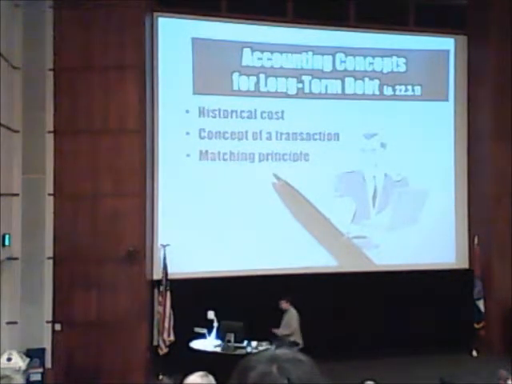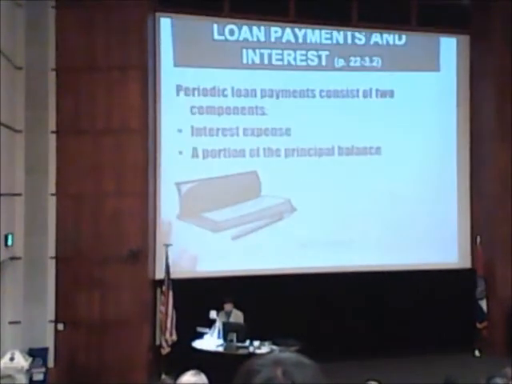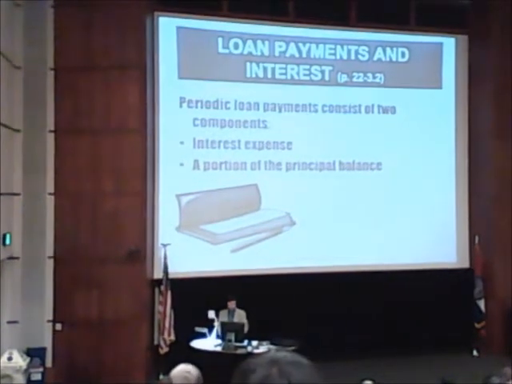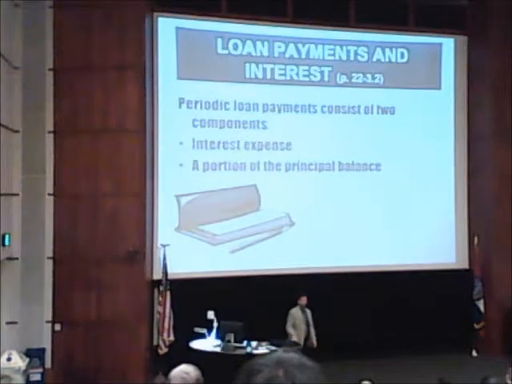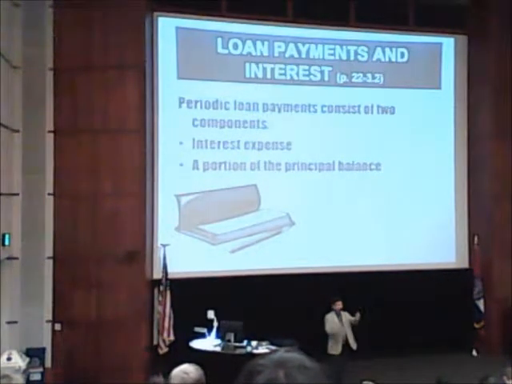Okay, so let's talk about the first category of debt that we're going to deal with. It has to do with a certain kind of bank loan. There are lots of different kinds of bank loans you can structure, but we're going to talk about what's known as installment debt. How many people here have a car loan you're paying off? Raise your hand. We have a few of them.